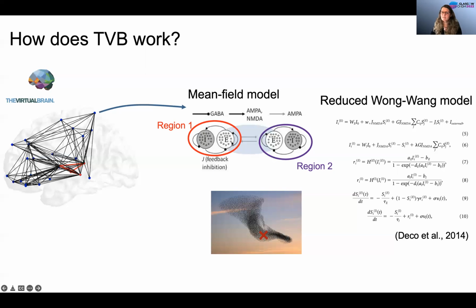So once we have this model working for every brain region, it will give us the activity of all the brain regions. But then what we also do, because our brain is not just single regions placed in space, but they're connected. And that's where the input data of the structural network, the DTI or T1, comes in. And we connect those regions via a link.